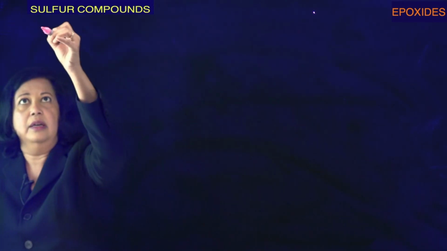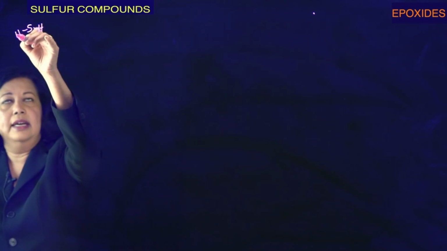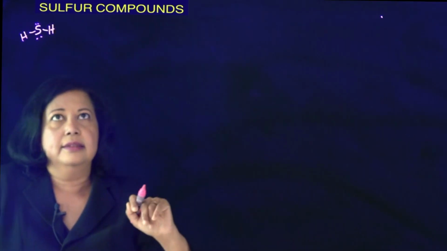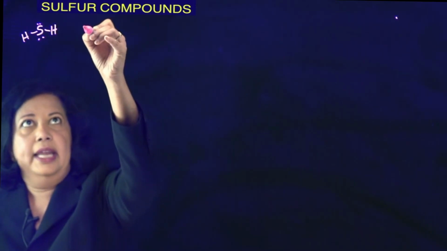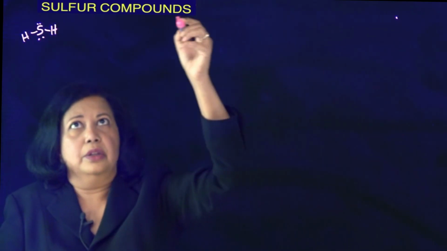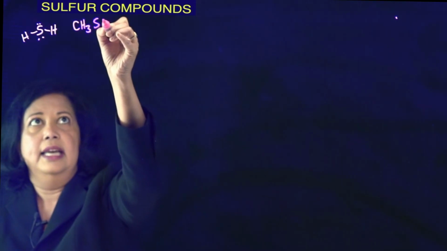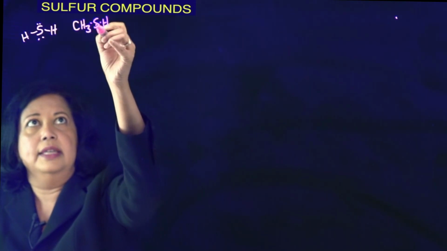So sulfur compounds, you can have so many different types of compounds. This is H2S, that's the guy that's the stinkiest. And then just like water, the same group, you can replace these hydrogens with R groups. So let's say you can have CH3SH, methyl sulfide.